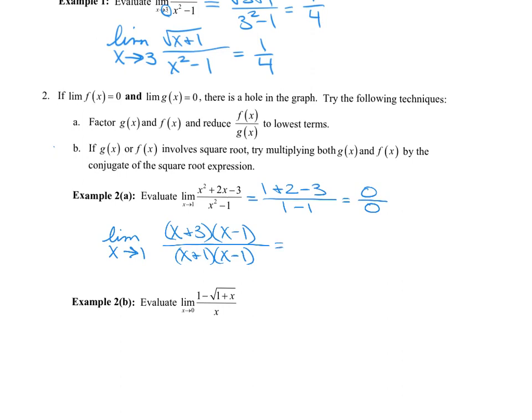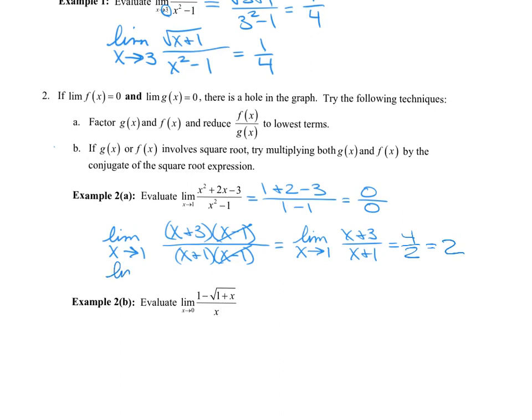You see that we can simplify out the x minus 1 expressions, and we are left with the limit as x approaches 1 of x plus 3 over x plus 1. Now we are going to try substituting 1 in for x again, and you see we end up with 4 over 2, which simplifies to 2.